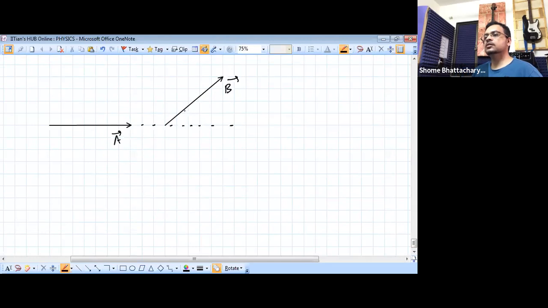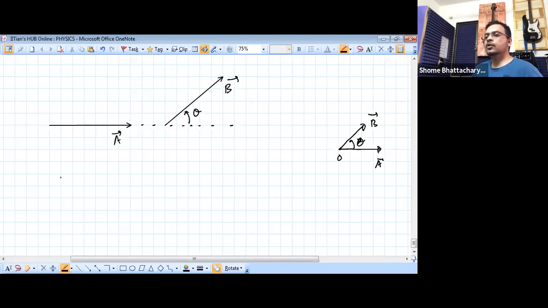It will be this one. We can see the same two vectors, if I draw them from the same origin, A is in this sort of direction, B would be in this sort of direction. So the angle between A and B is this angle theta. So the same theta I have labeled over here.